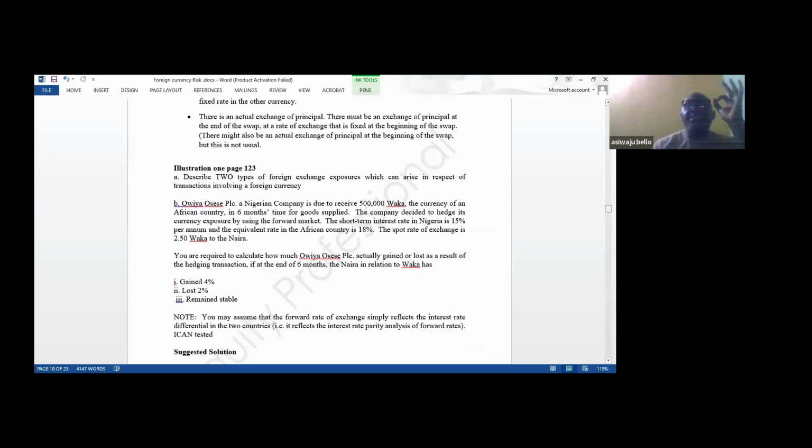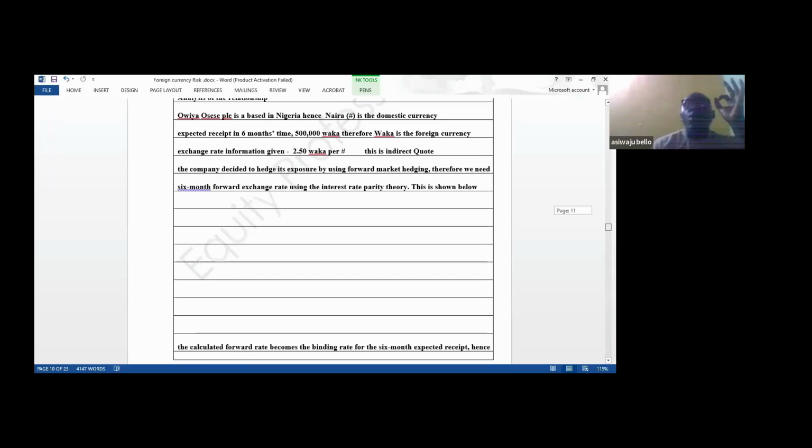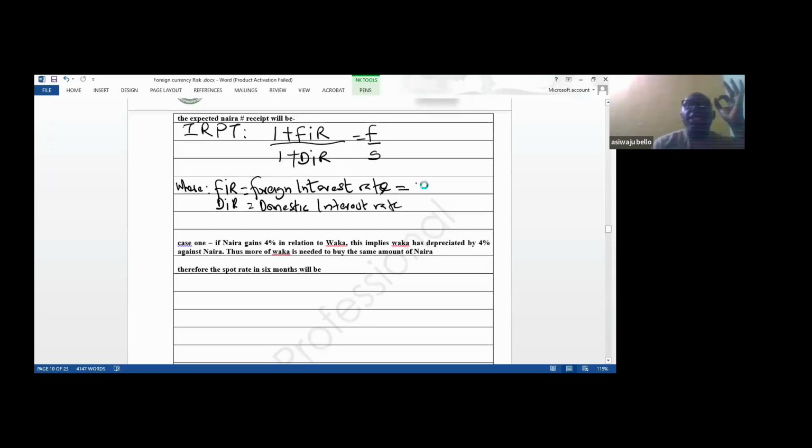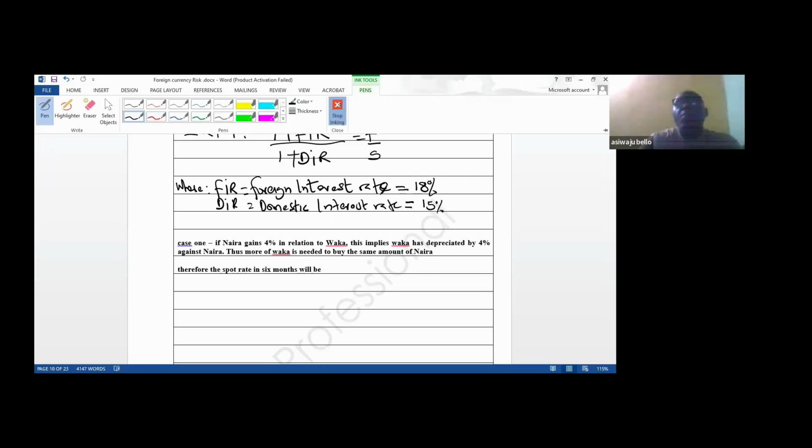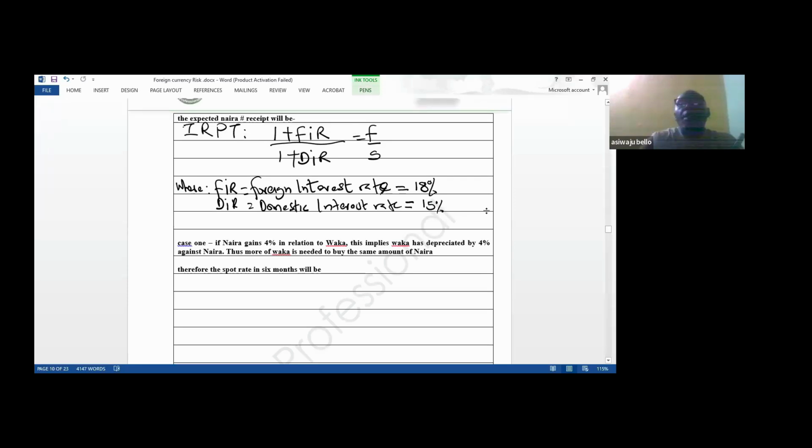I'll pick this: foreign interest rate, 18%; domestic interest rate in Nigeria, 15%. Let me expand this more.